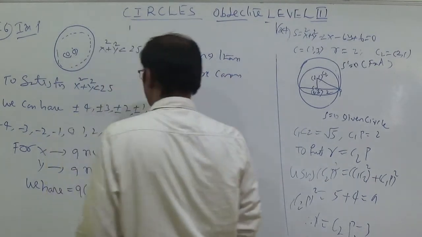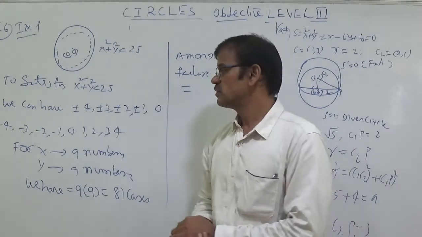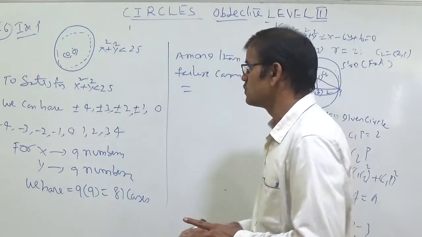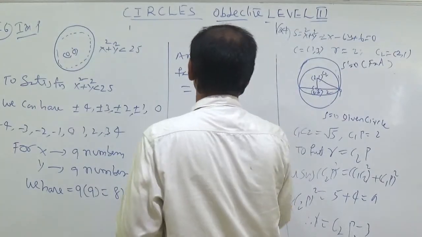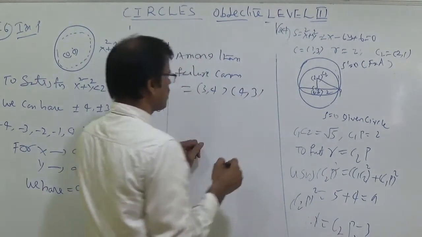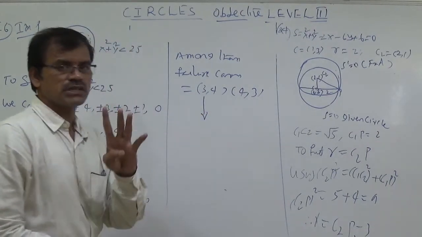What are the failure cases? If you substitute 3, 4: 3 square plus 4 square is 25, which is wrong. If you substitute 4, 3, it is also wrong. Of course, for 3, 4, with plus and minus signs, 4 cases are there.